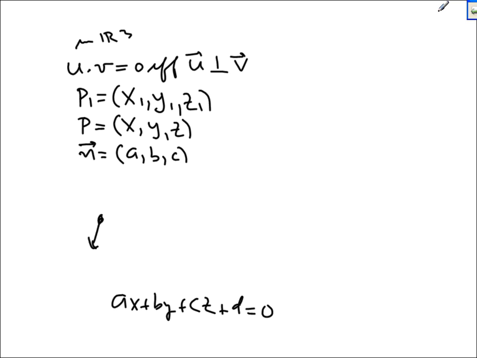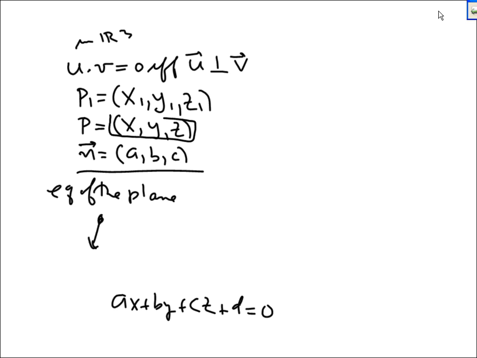All right. Now, the equation of the plane is the following. Well, how does x, y, z get to be on the plane? Well, the answer is if the vector p to p1 dotted with the vector n is 0, you're on the plane.